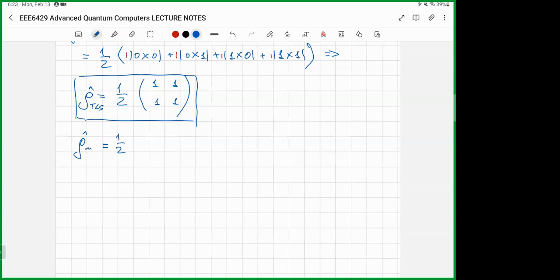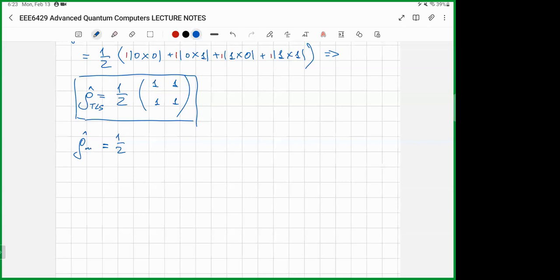So the matrix will be 1, 0, 0, 1. Or in the outer product representation, it will be 1 over 2, and then state 0,0 plus state 1,1. So this is the completely mixed case.